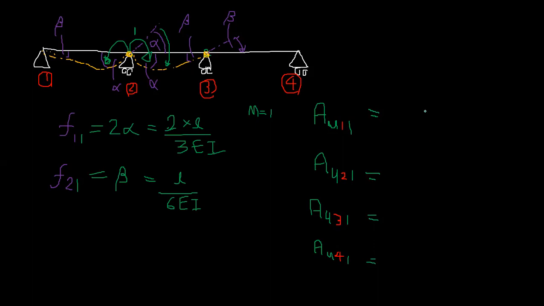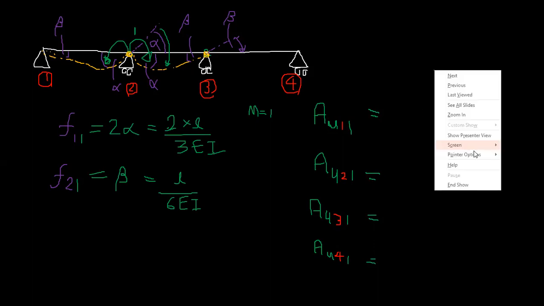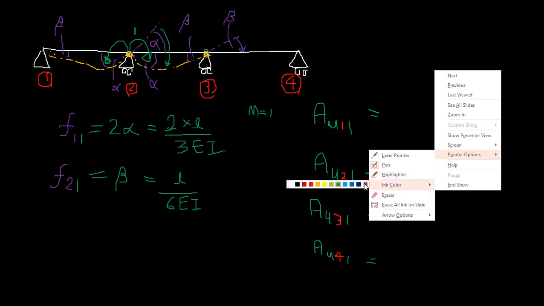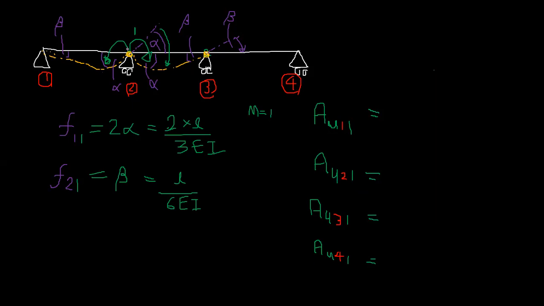right? So if you apply a moment like this, you can take bending moment about this point for this half. That's going to be anticlockwise moment 1. So you need to determine RA.